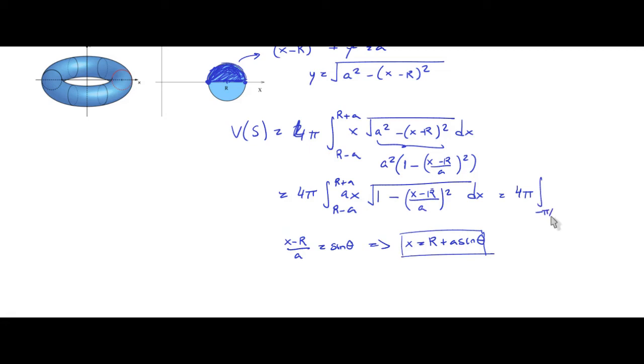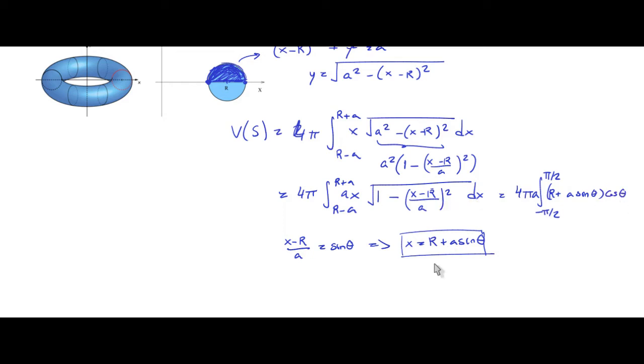So let me rewrite the limits of integration between minus pi over 2 and pi over 2. This is a that goes out, and so we have x, which is r plus a times the sine of theta. The square root of 1 minus this squared is the cosine of theta, right? Remember that.